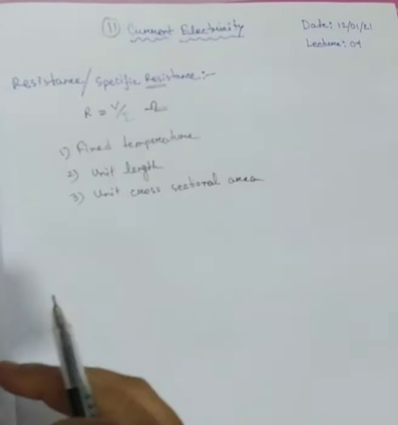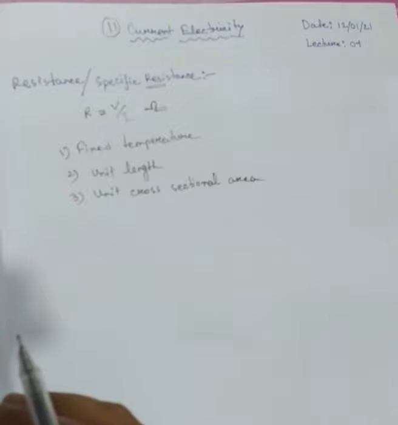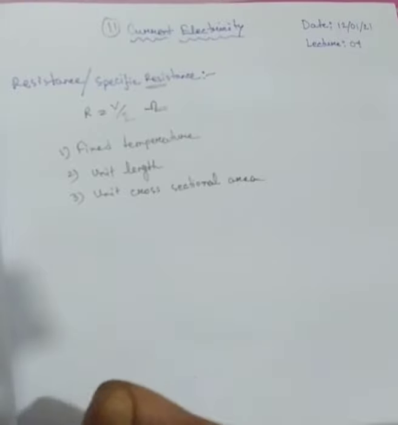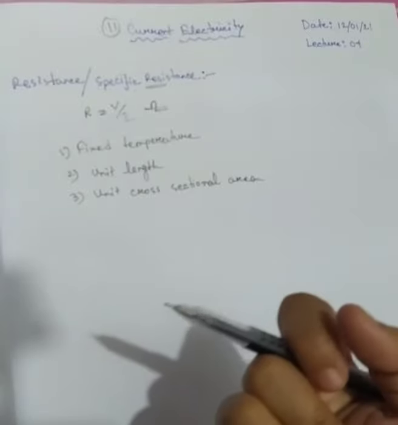Now, what is specific resistance? You can make a note from my words. At a fixed temperature, the resistance of a unit length and unit cross-sectional area is called its specific resistance.